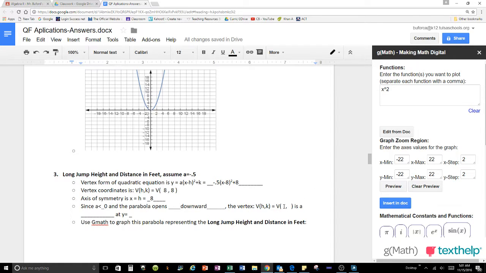And the vertex is at 8 and 8, and is a maximum at y equals 8.